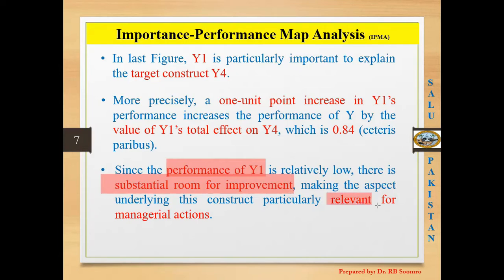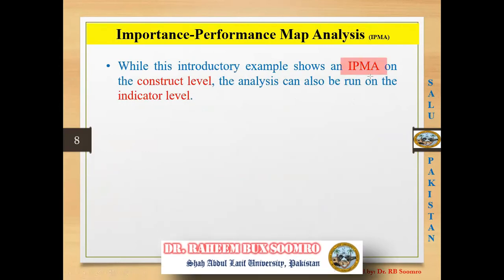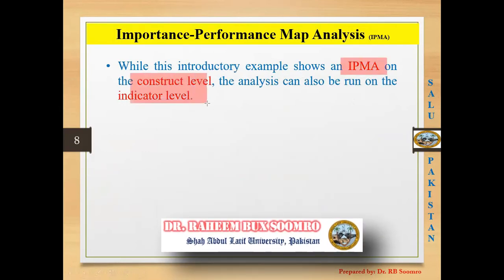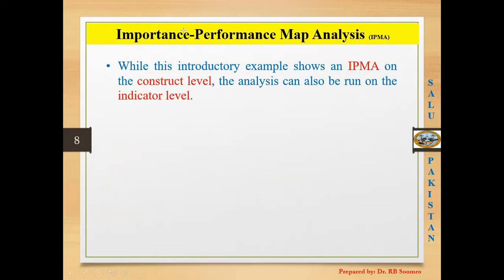And now here it is relevant for major action. So the performance of the Y1 construct is one where more major actions are required to improve its performance. And another thing is that while in this introductory IPMA we work on the construct level, we can also do it at the indicator level. At both levels, we can perform it.